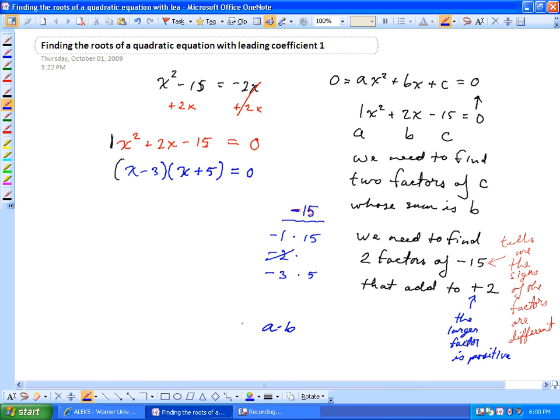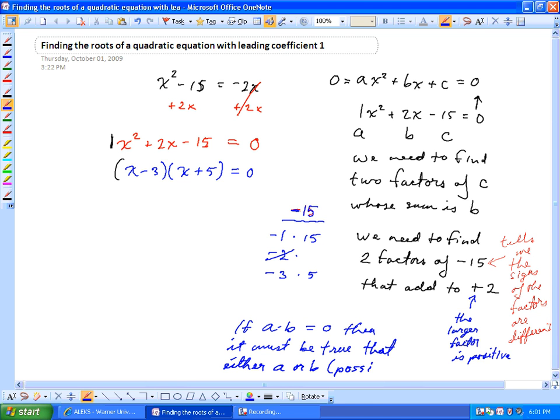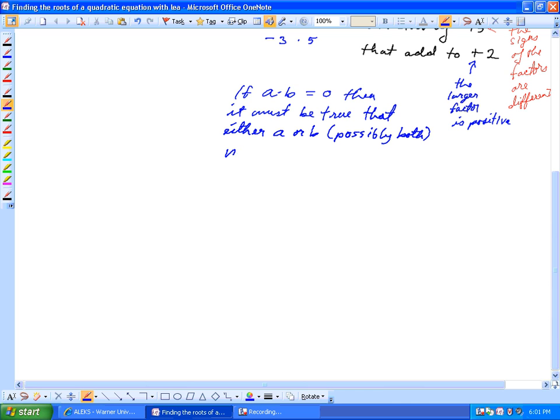If A times B equals 0, then it must be true that either A or B, possibly both, must be equal to 0.